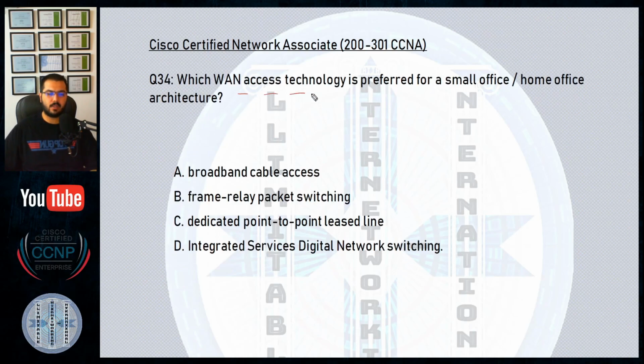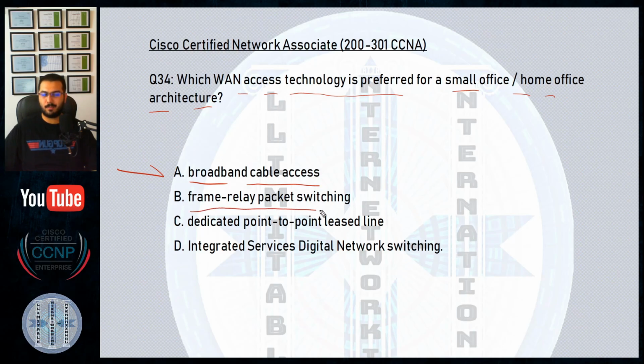Which access technology is preferred for SOHO architecture? If you have a small office, how would you provide internet or WAN connectivity to that small office that contains maybe only 3 PCs and 1 printer? Small office. So it's broadband cable access, yes, with a good $30 to $50 purchase per month.